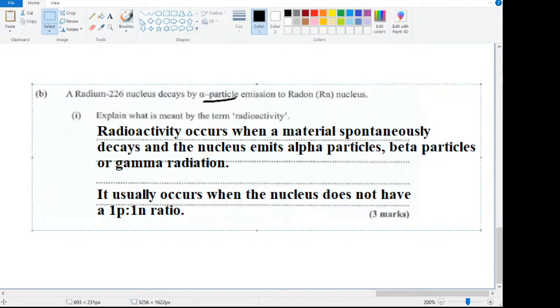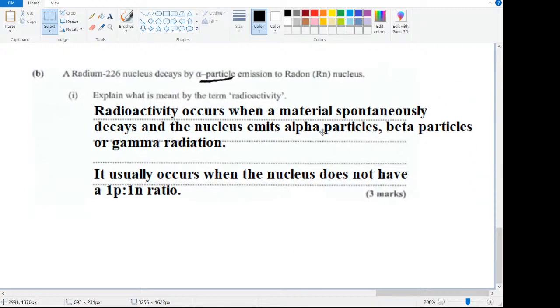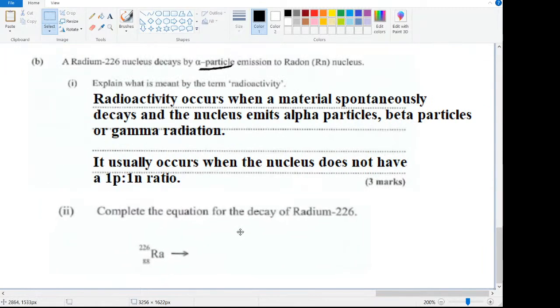Alright, let's look at the next one. Complete the equation for the decay of radium 226. So it's alpha, so we want to put the alpha symbol here, 4 2 helium.